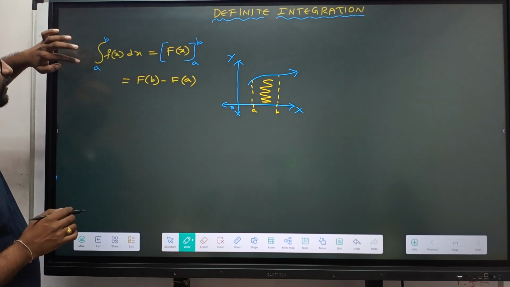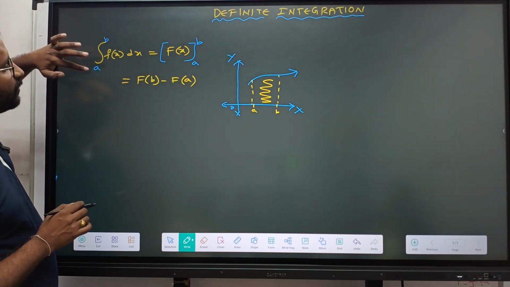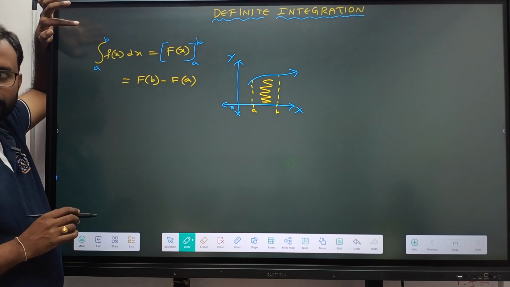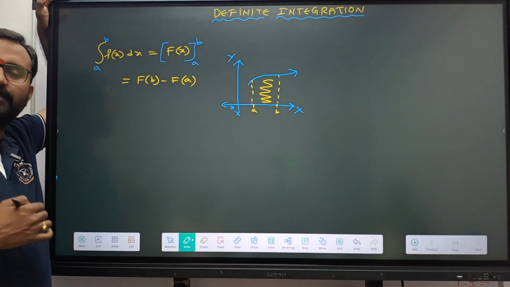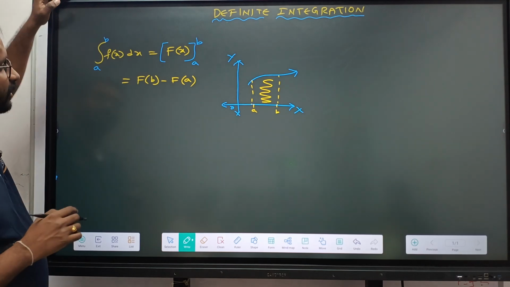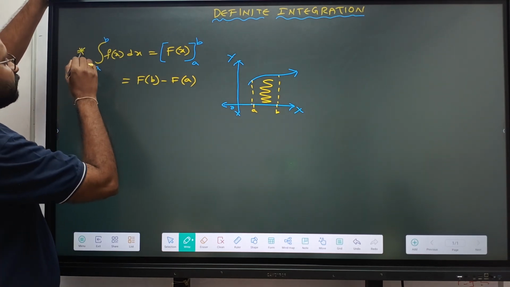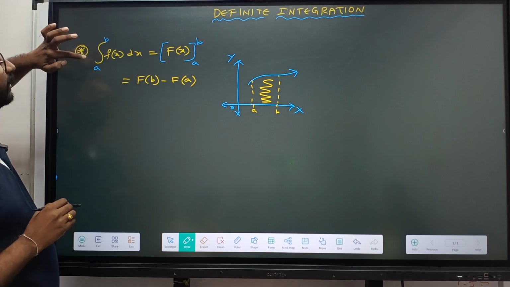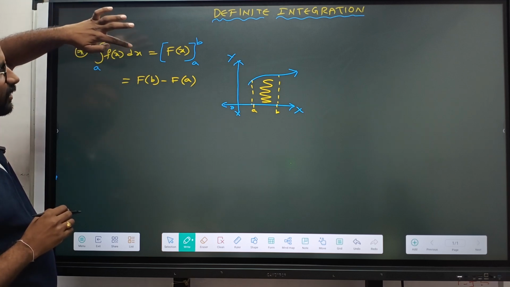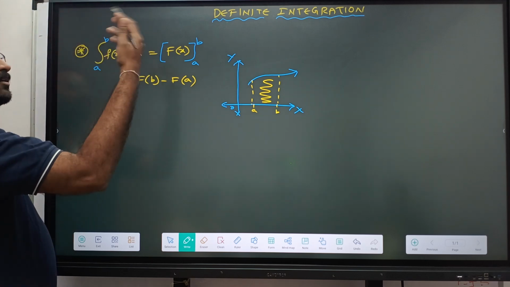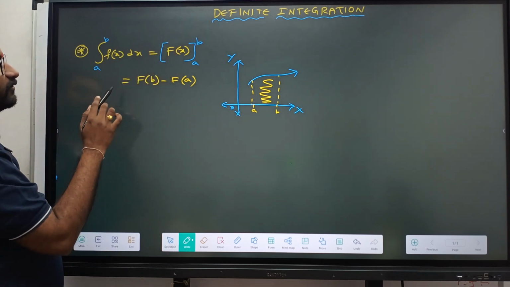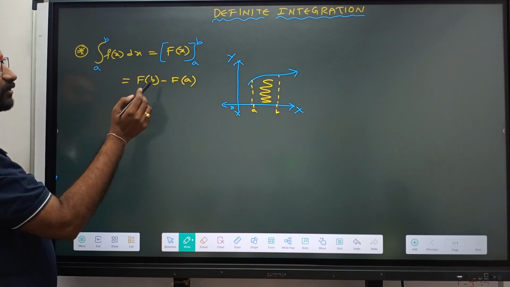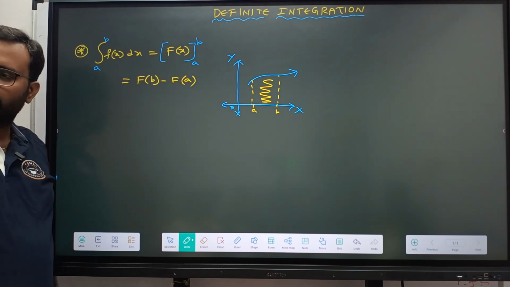And always remember, the lower limit should be smaller than the upper limit. So the first property or formula: integral a to b f of x dx is equal to a different function, capital F of x from a to b, which is equal to F of upper limit minus F of lower limit.